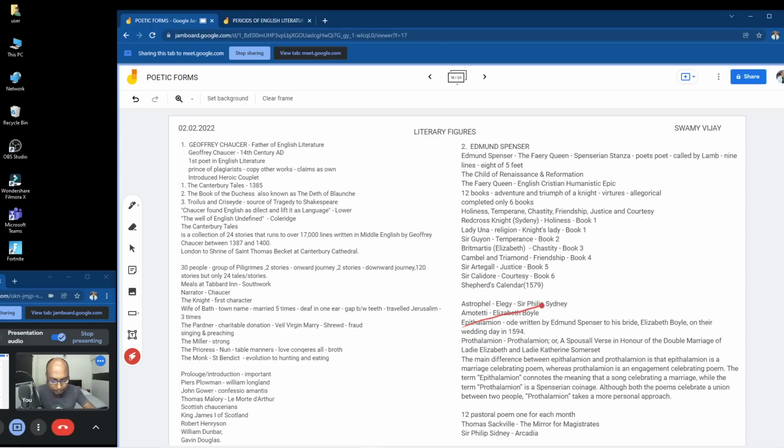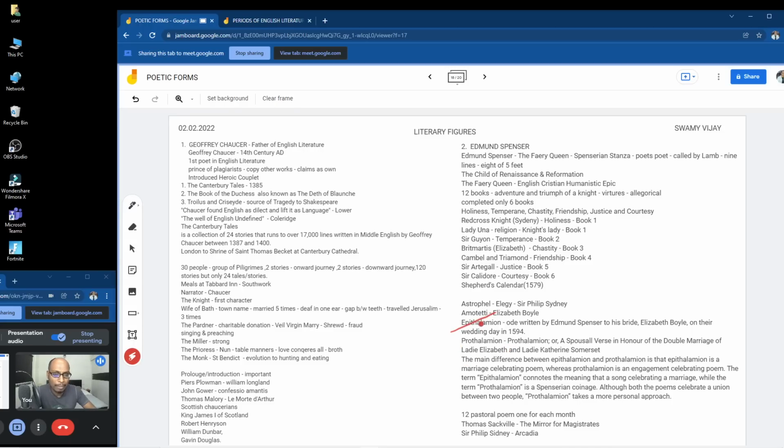So Epithalamion is a marriage poem with Elizabeth Boyle. Then Prothalamion. The Prothalamion is about a marriage also, but not his own marriage. It is about a rich family's marriage. Prothalamion is a spousal verse in honor of the double marriages of Lady Elizabeth and Lady Catherine Somerset. We don't know what this double marriage is, but aristocratic female marriages are discussed in Prothalamion.